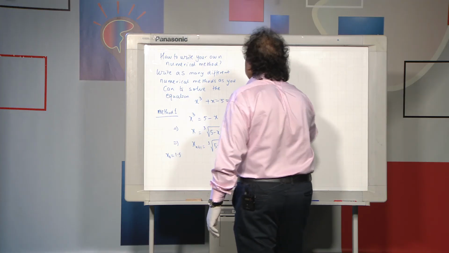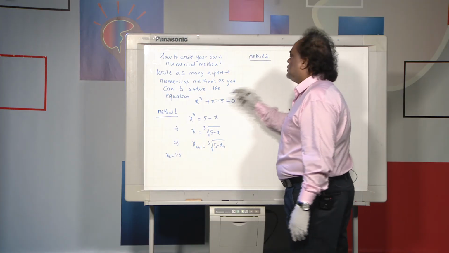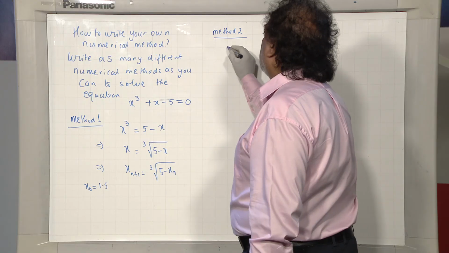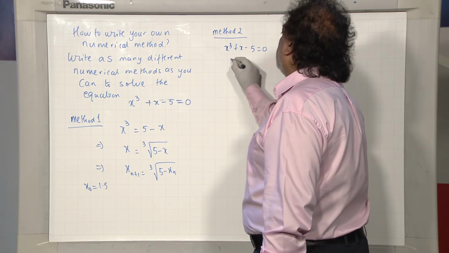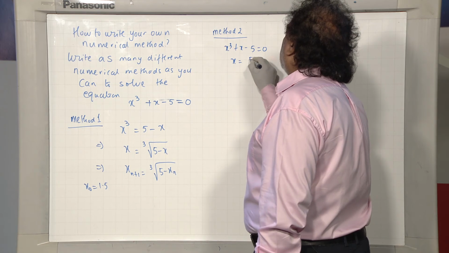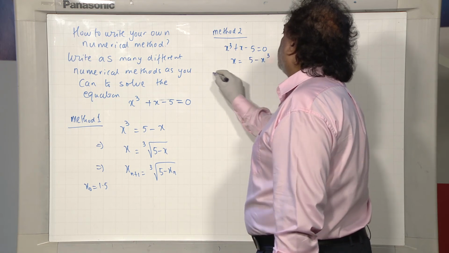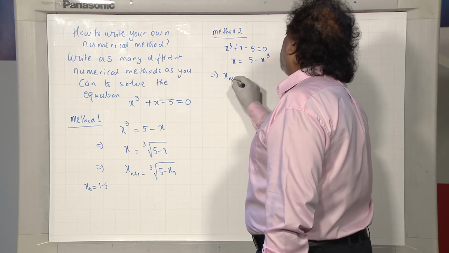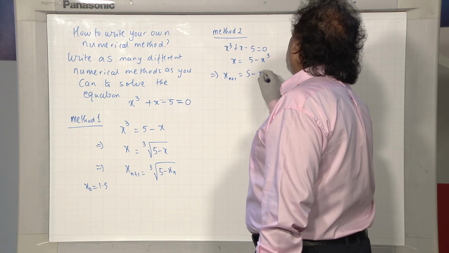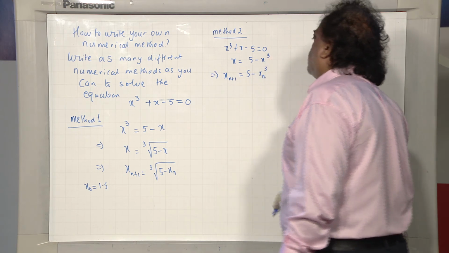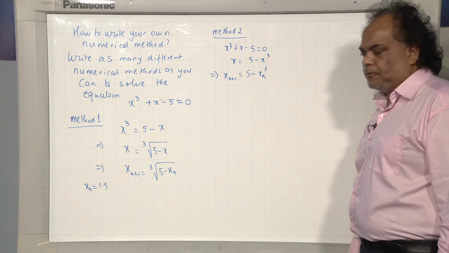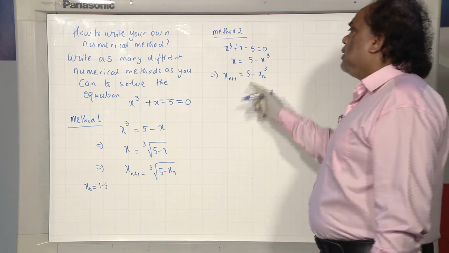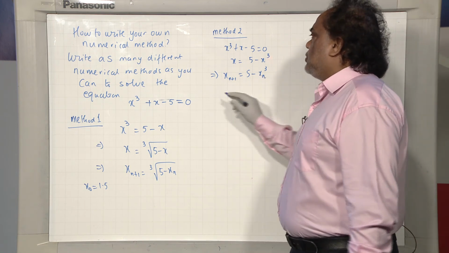Another way to write the iterative method, I could have made x the subject of the formula. So x cubed plus x minus 5 equal to 0 gives me 5 minus x cubed. Therefore, xn plus 1 is equal to 5 minus xn cubed. This is another iterative method to solve the same equation. It may or may not converge.